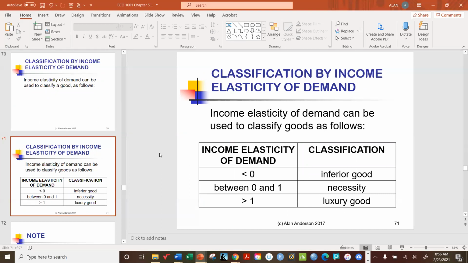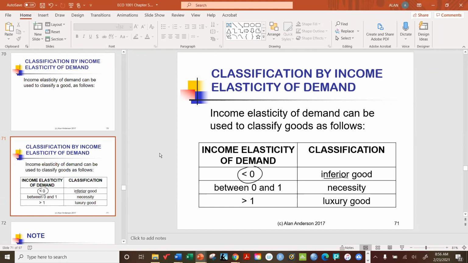Here, though, it matters a great deal whether the sign is positive or negative. If the income elasticity of demand is negative, we call that an inferior good because that means we're buying less. Like the 87 grade gasoline. If your income went up 10%, you might buy, let's say, 2% less 87 because now you can afford the better grades.